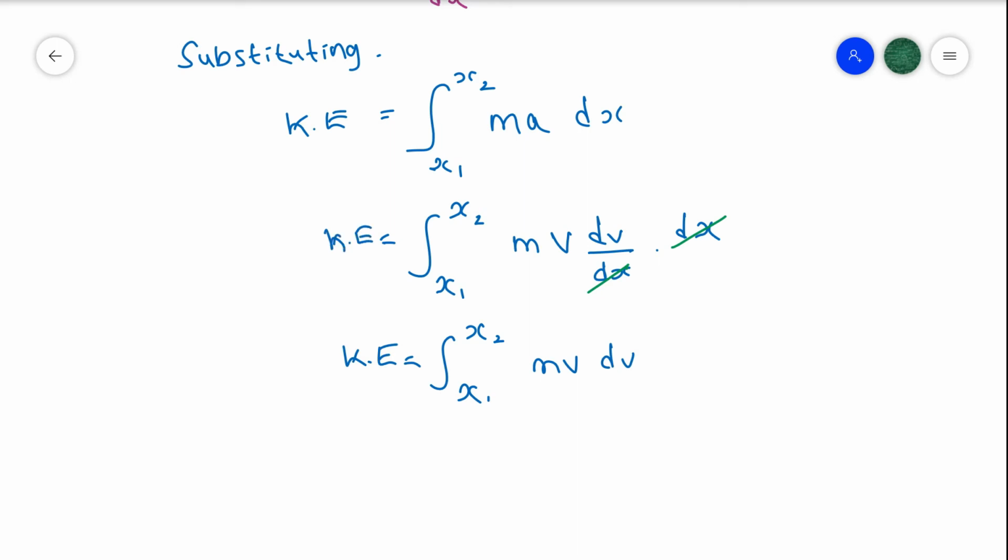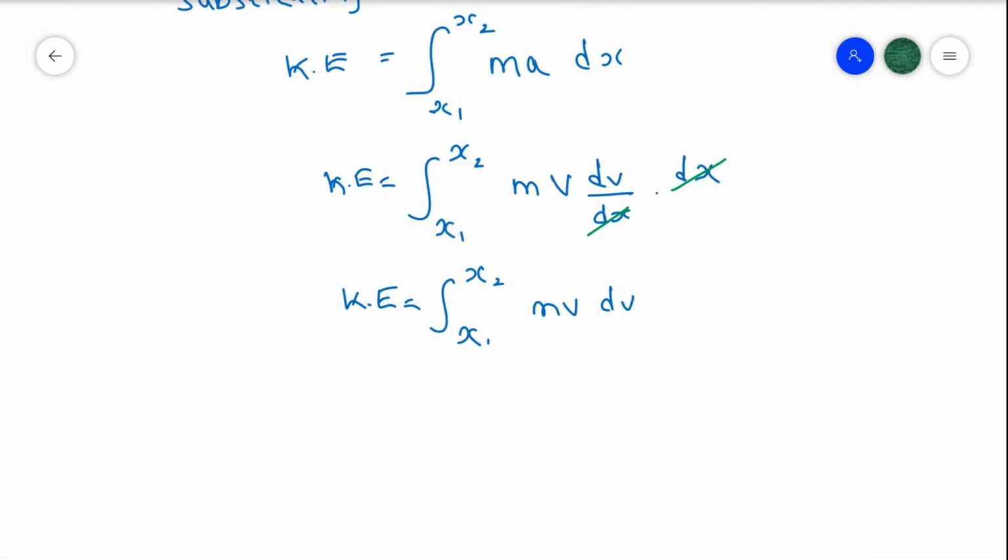And since we are now dealing with velocity, velocity not voltage, right? So since we are dealing with velocity, we can change the limits to velocity as well, because at x1 the velocity is v1, and at x2 the velocity is v2.